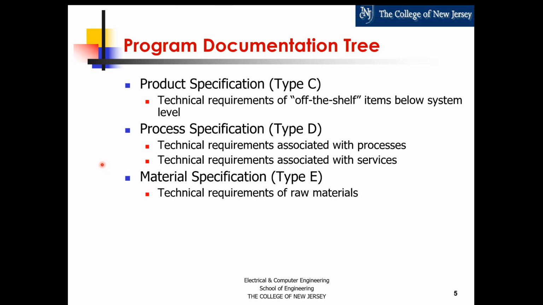Perhaps part of your system is an infrastructure, and it's not just something software or tangible, but requires a service infrastructure. This would be the specification you would use for that. And finally, as I mentioned, Type E has to do with specifying technical requirements of materials that are used in the process of bringing the system into being.